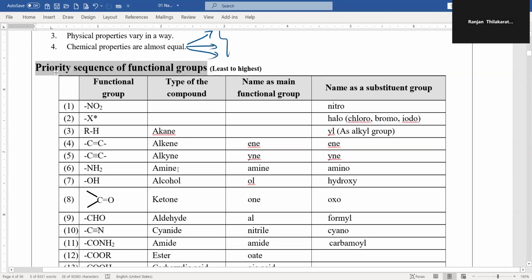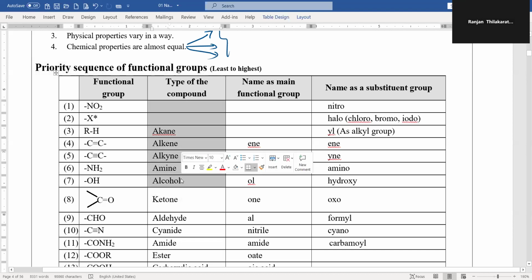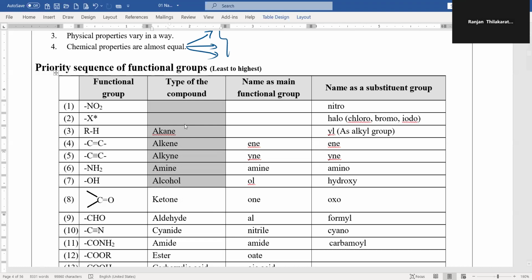No need to worry about these things, whether you can understand or not. Right? It is something like this. If you have something in a completely closed bag, and someone says that it contains an apple, and you haven't seen that apple, later we are going to open it and see. In the same way, these things are very easy to understand, right? But you need to know the priority sequence.